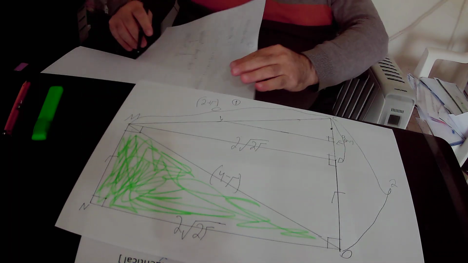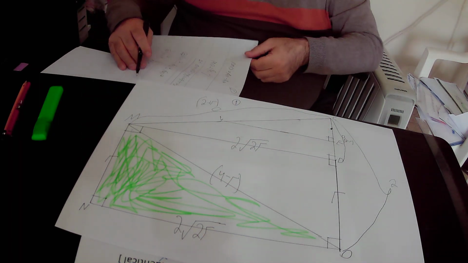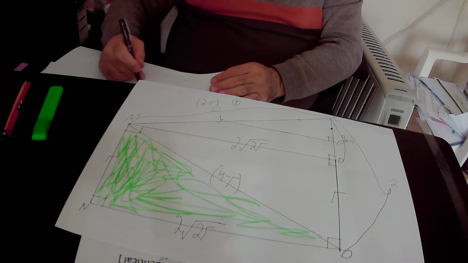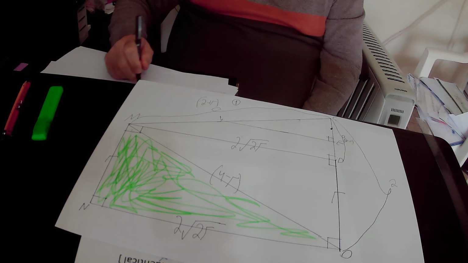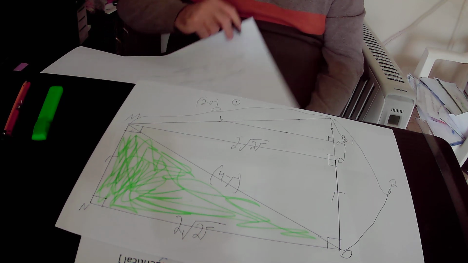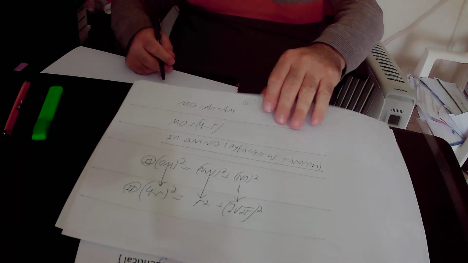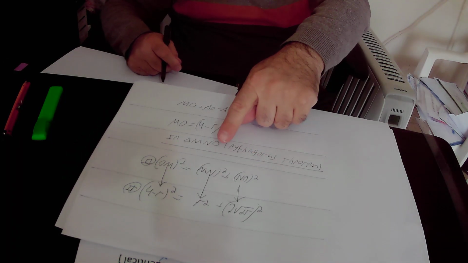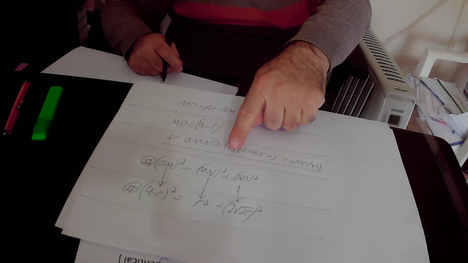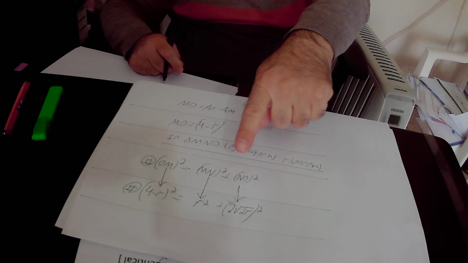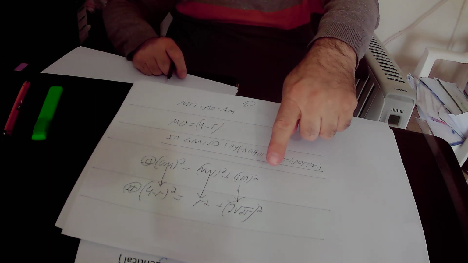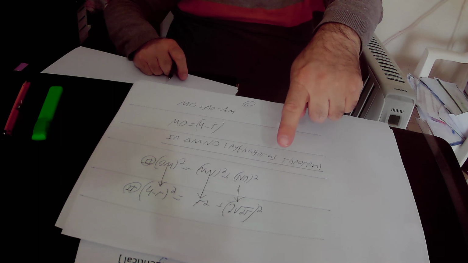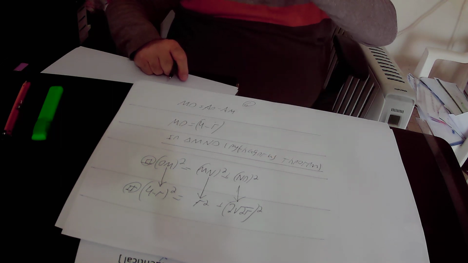And NO equals 2 times square root of 2 R. So NO square will be equal to (2 times square root of 2 R) square. NO is 2 times square root of 2 R, so NO square equals (2 times square root of 2 R) square.